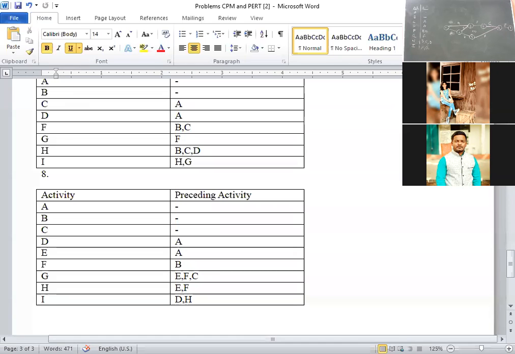Anybody is having any query in the 7th bit? Draw the 8th one. Nine activities are there in the 8th bit.